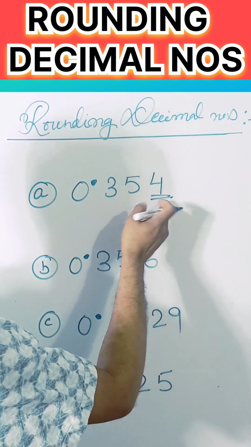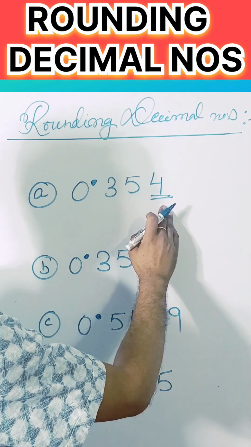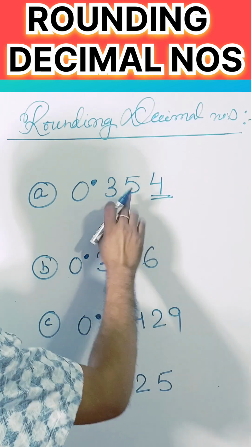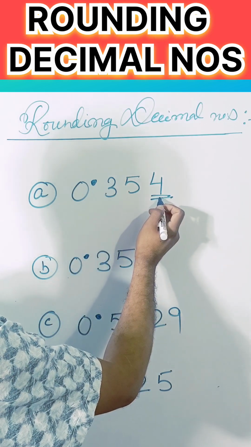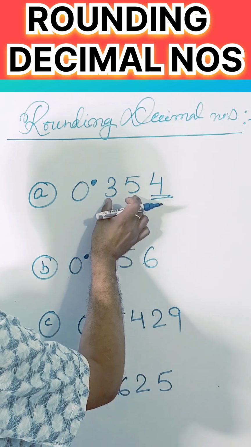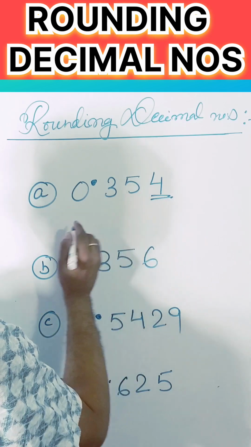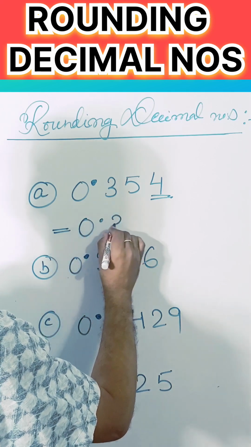If it is 5 or more than 5, then only do we have to add 1 here. Otherwise, no need to add 1. Because we are keeping two digits after the decimal, check the third one. That is less than 5. So if I round it, it will be 0.35.